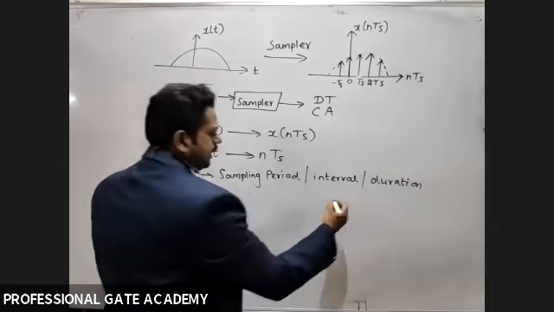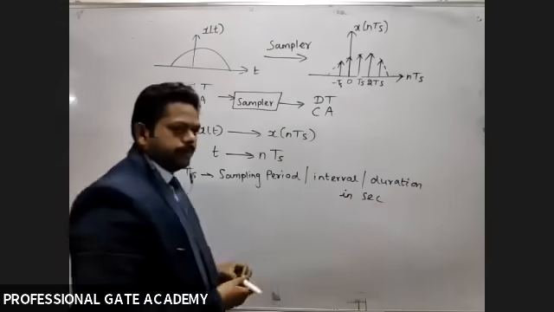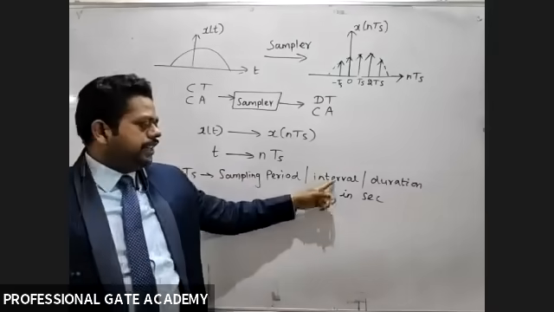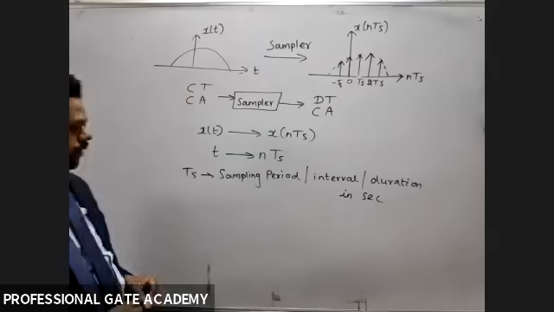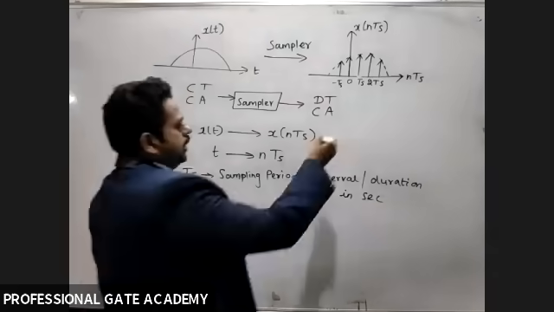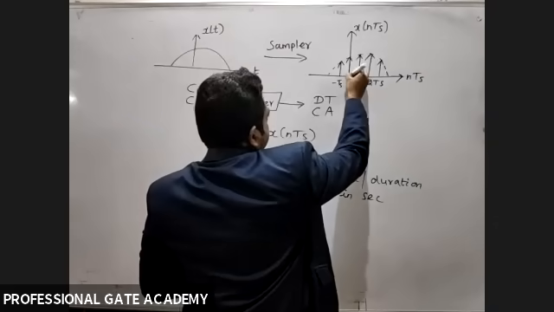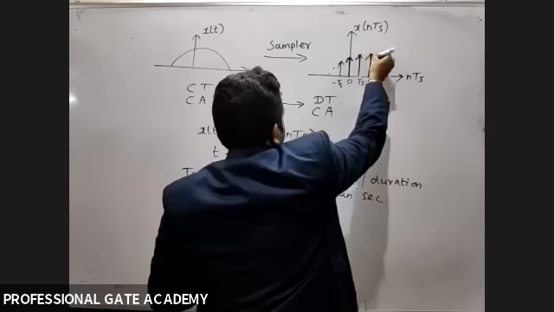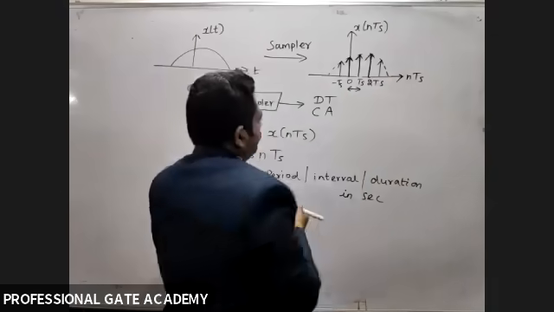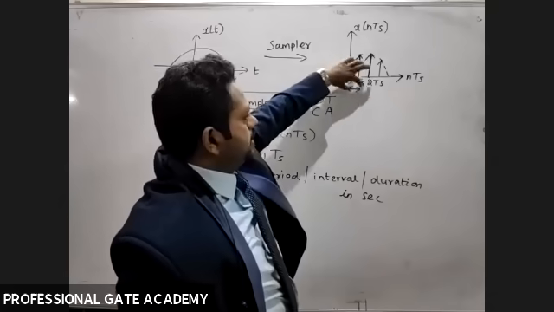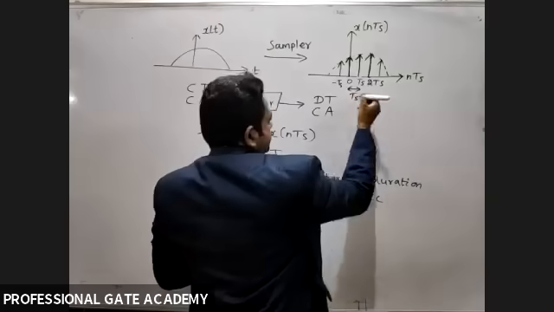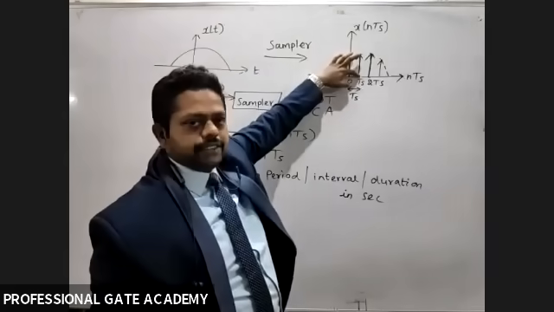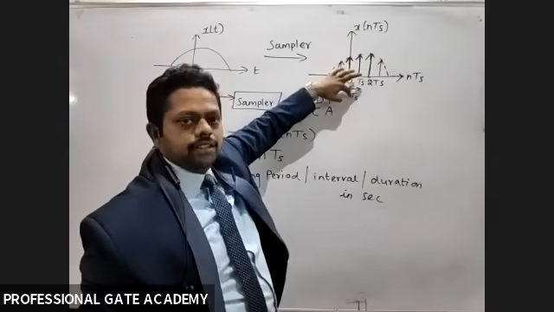What is the unit of Ts? It is in seconds, because it is a time period. So Ts is the sampling period, interval or duration, in seconds. How will you define Ts? This is one sample, this is another sample, and another. Between this sample and this sample, what is the time period? Ts. This sample starts at t equals 0, the next starts at Ts.